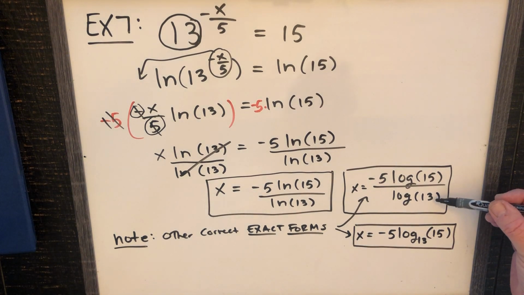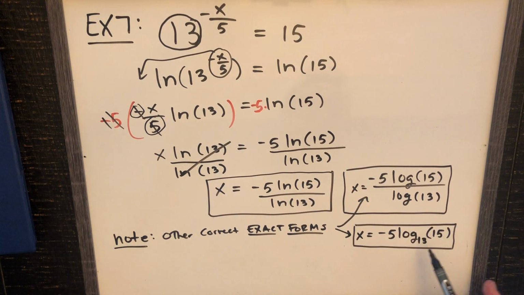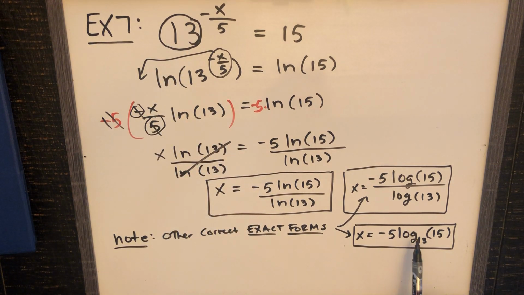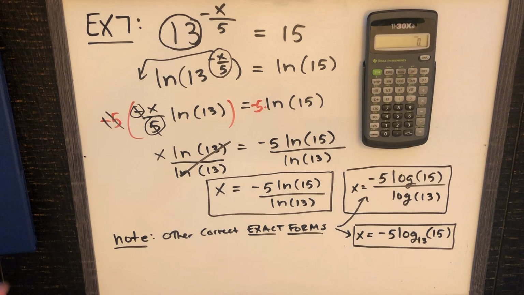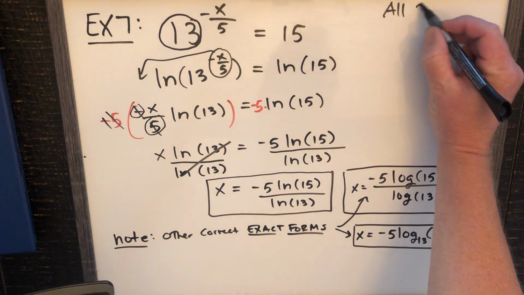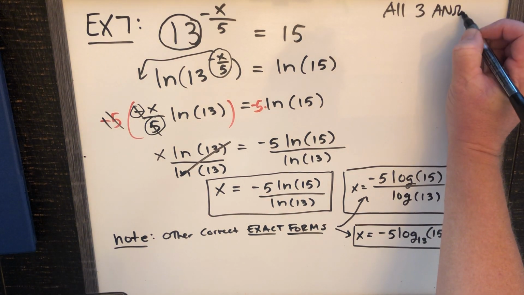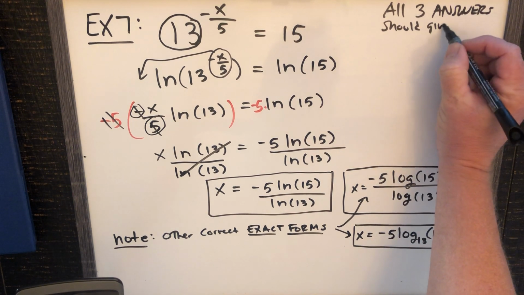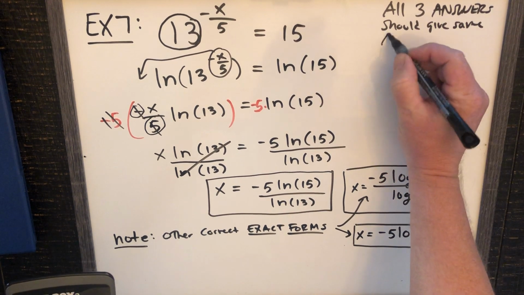But the price you pay for getting rid of your common log or your natural log and reverting to the intended base of this problem, which is 13, is now you can't do it on my old-fashioned TI-30 calculator. You would need a slightly more expensive calculator to do that. Okay. Either way, all 3 answers should give the same approximate value.